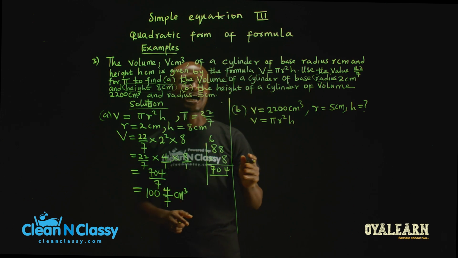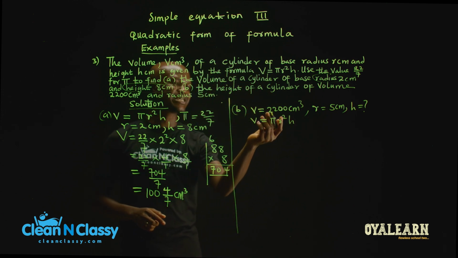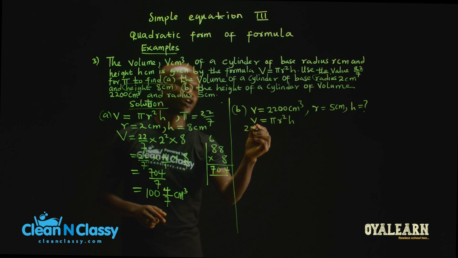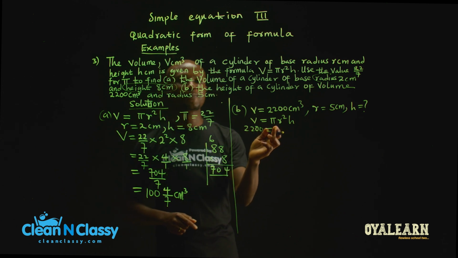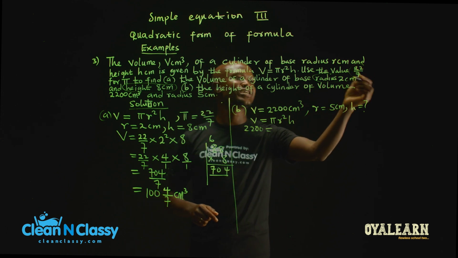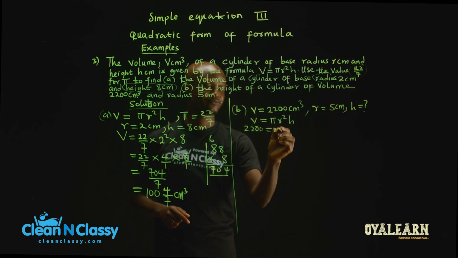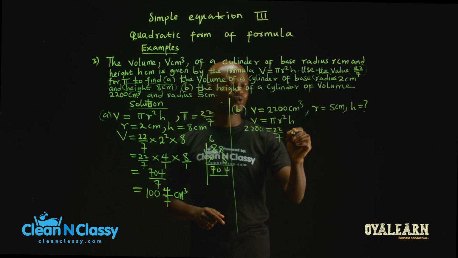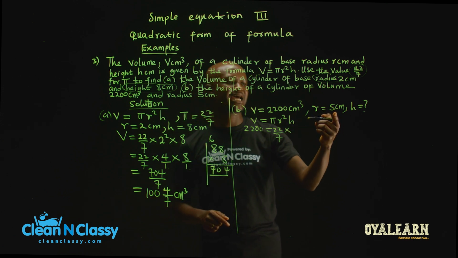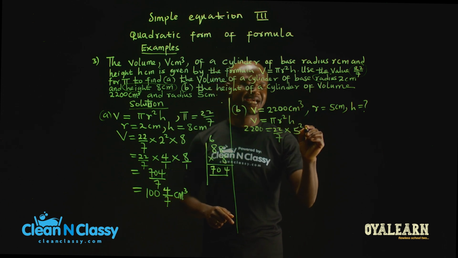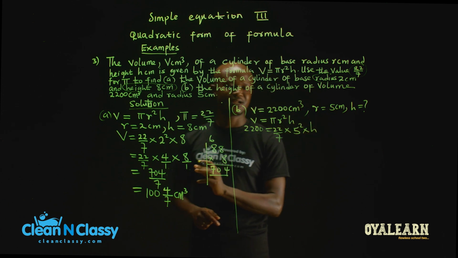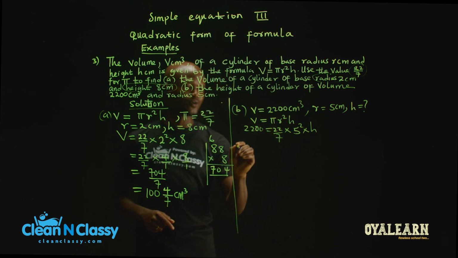Now we substitute accordingly. Anywhere we see V, we put 2,200 equals, anywhere we see pi, don't forget pi is 22/7, then R is 5, so 5 squared, then times h. Now we are going to multiply.